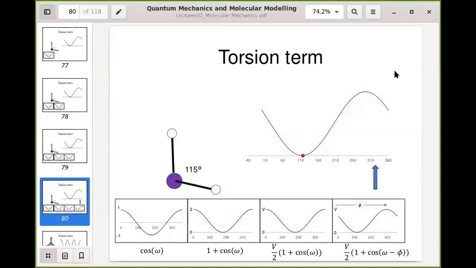So what I'm trying to show you here is that if we want to calculate or estimate the energy due to a torsion, firstly of all, an x squared potential energy surface is not going to cut it because we're going to need some maxima and minima.